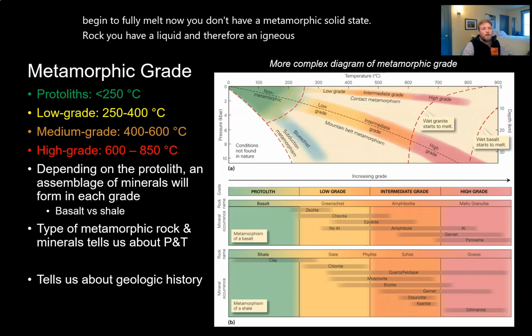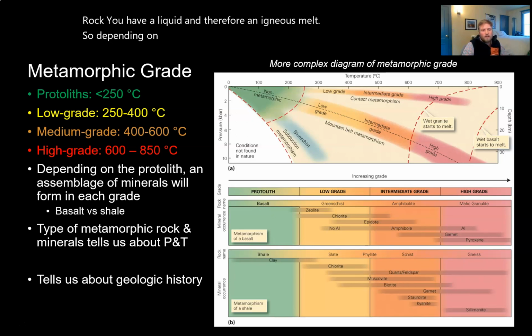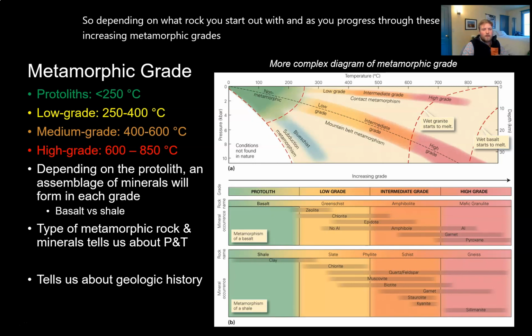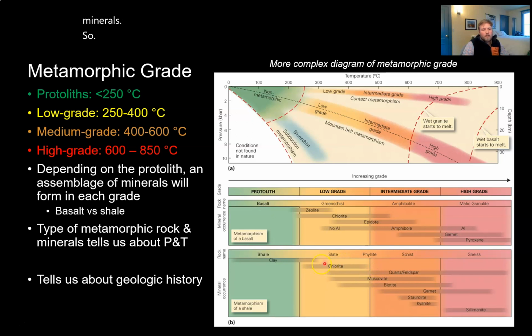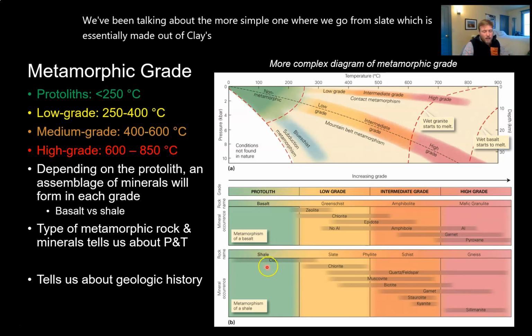Okay, so depending on what rock you start out with, and as you progress through these increasing metamorphic grades, you are going to produce different metamorphic minerals, right? So we've been talking about the more simple one, where we go from shale, which is made out of clays, and as you metamorphose shale, it turns into a slate.